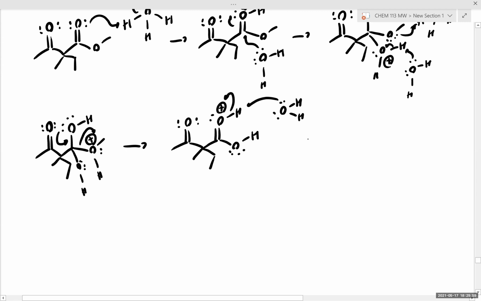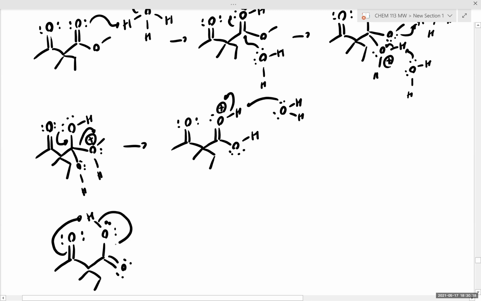So now that we have our desired beta keto carboxylic acid, we can lose our equivalent of carbon dioxide via decarboxylation. So we'll pull off a proton, we lose carbon dioxide, and we get the enol tautomer of our ketone.